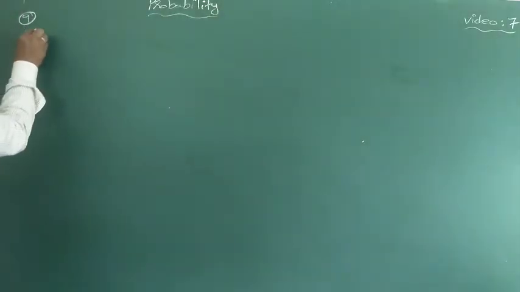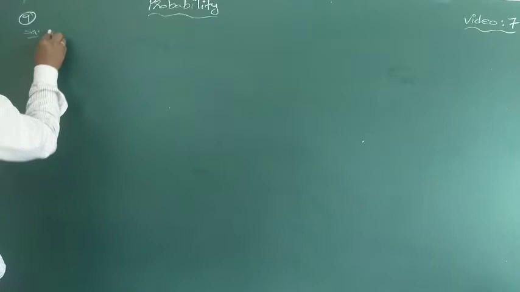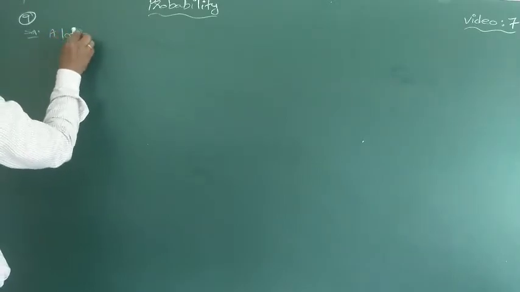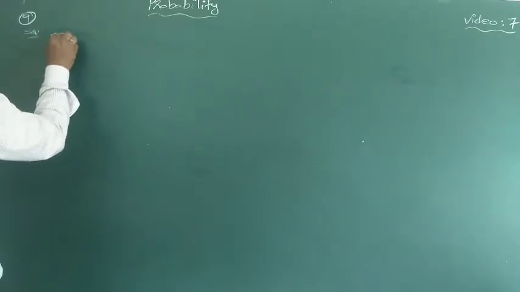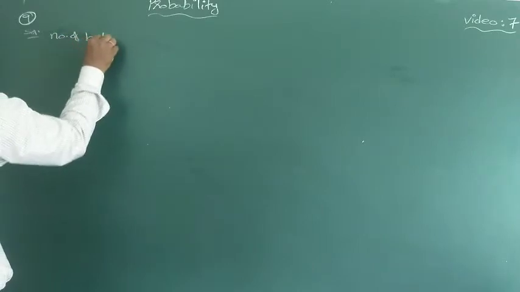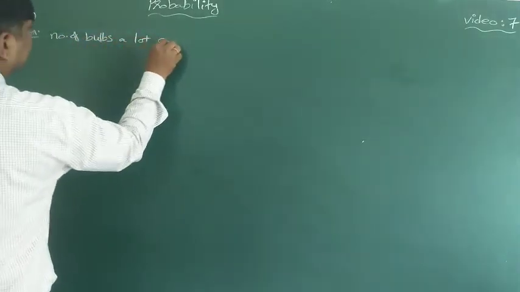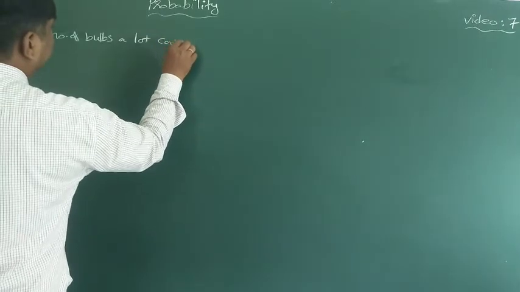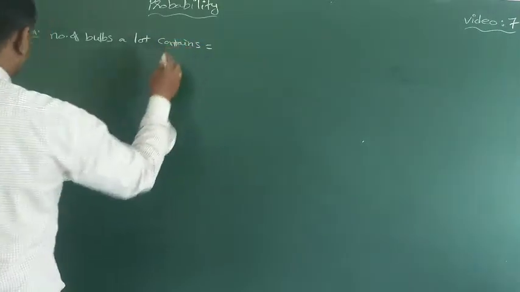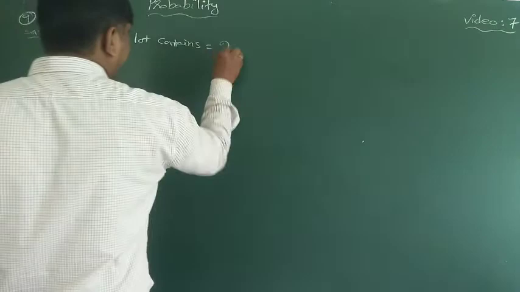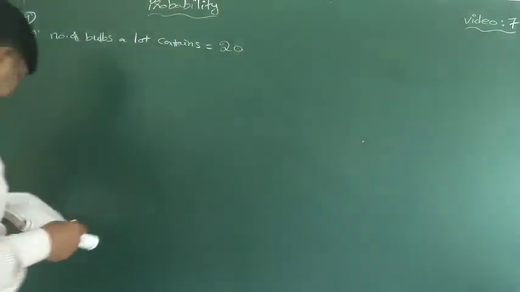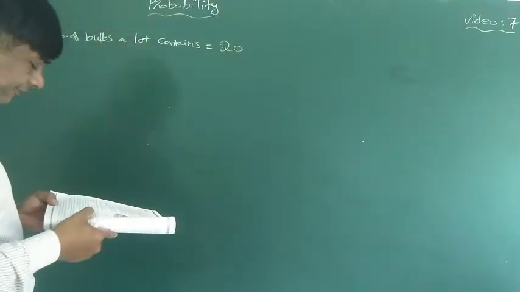So, how many bulbs does a lot contain? Number of bulbs a lot contains is equal to 20. In that, 4 are defective ones.